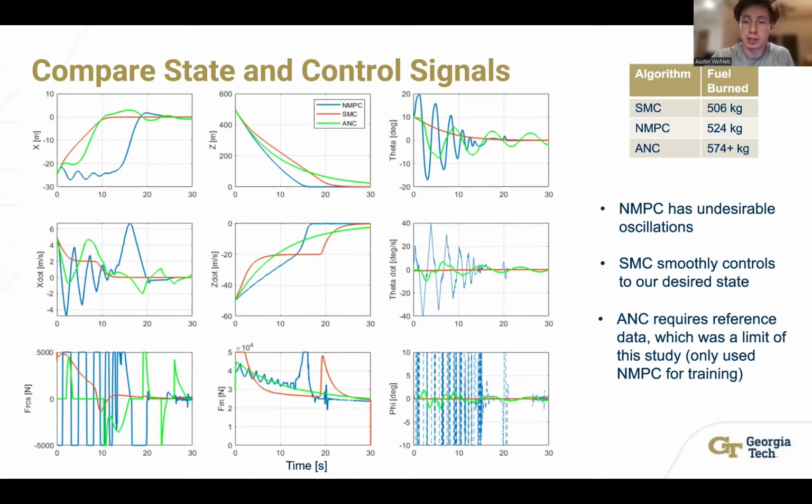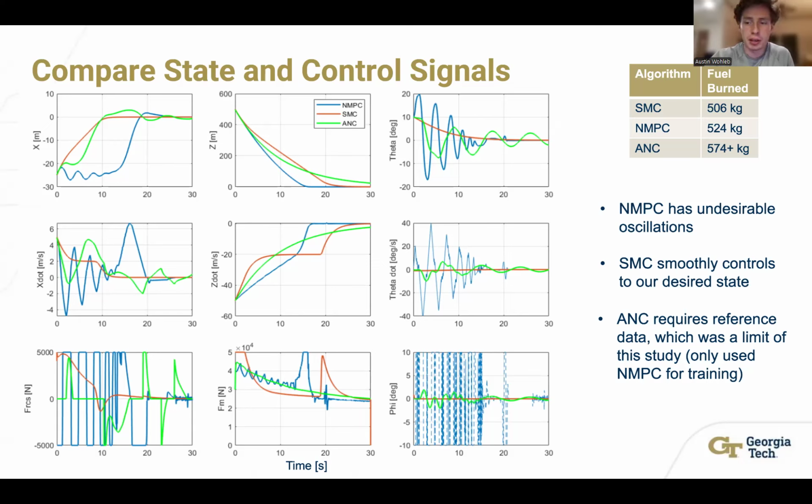The key thing to see here is that NMPC has a lot of undesirable oscillations compared to the other controllers, which isn't great when you have a lot of chattering. It uses more energy, and that can be seen by the amount of fuel burned.